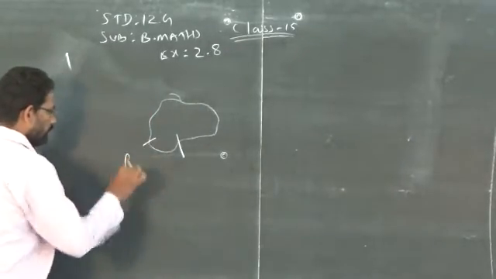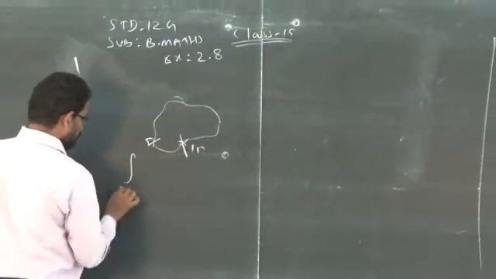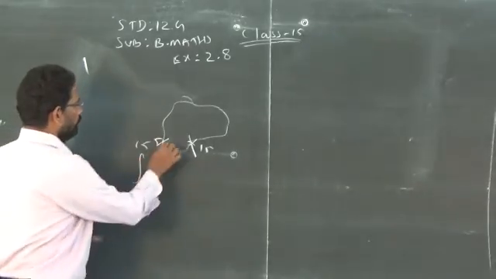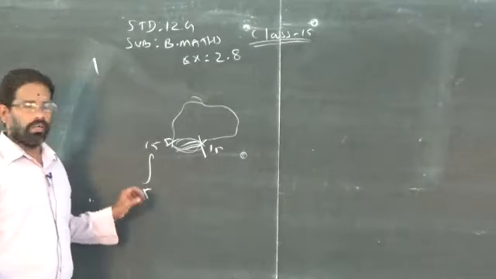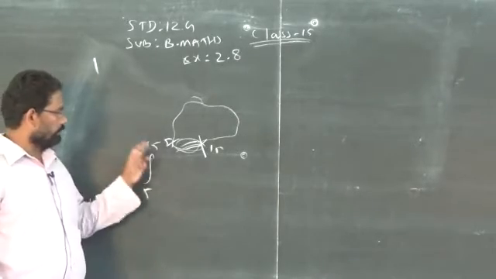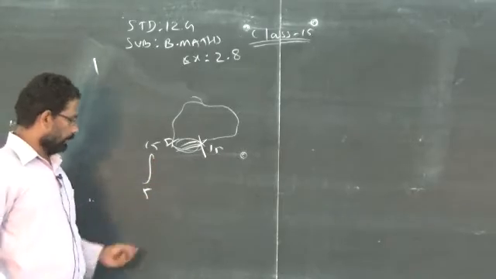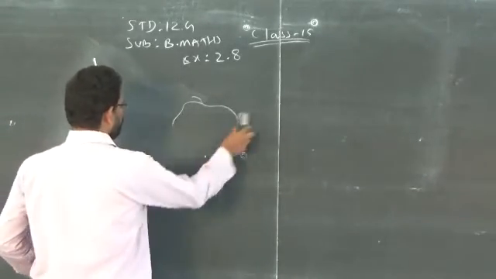For example, if this one is 5 and this one is 15, then if you find integration from 5 to 15, you will have the area of this part alone. So, it is called limit 5 to 15.